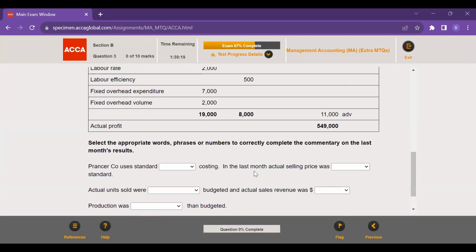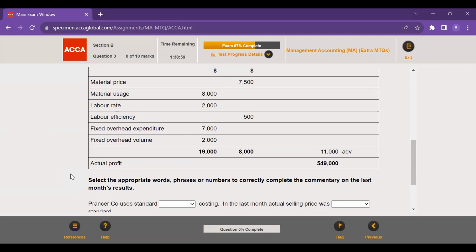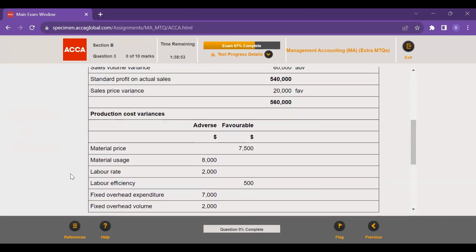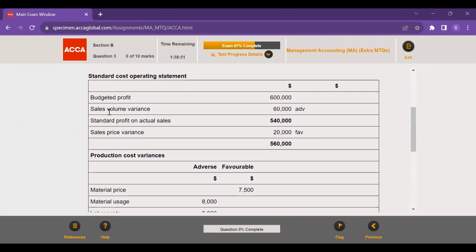Now we have to select the appropriate words, phrases, or numbers to correctly complete the commentary on the last month's results. So Prancer company uses standard dash costing. So let's have a look at what our options are: marginal or absorption. So let's have a look above. So let's have a look at the variances that are given. So sales volume variance.